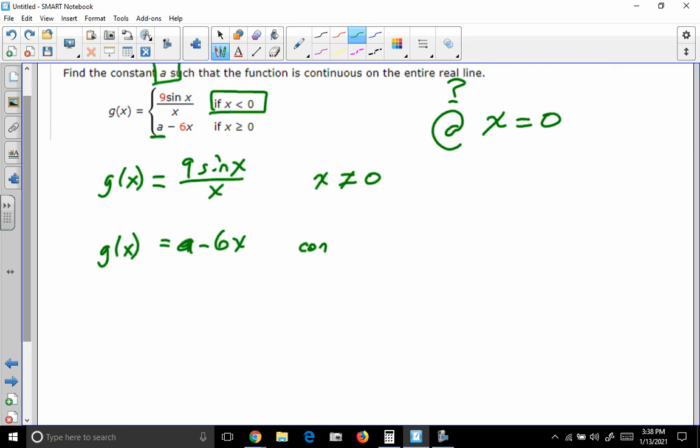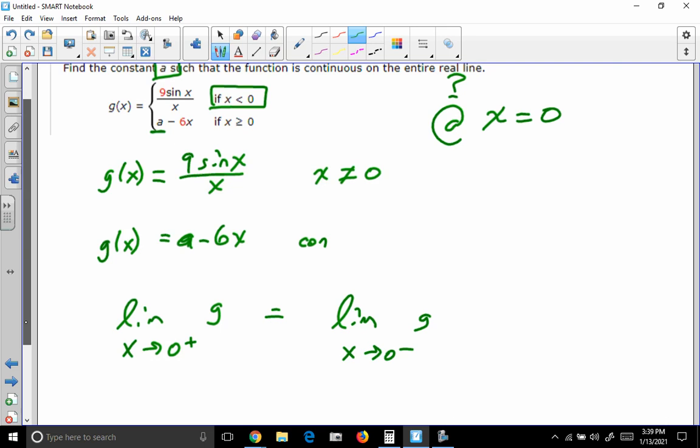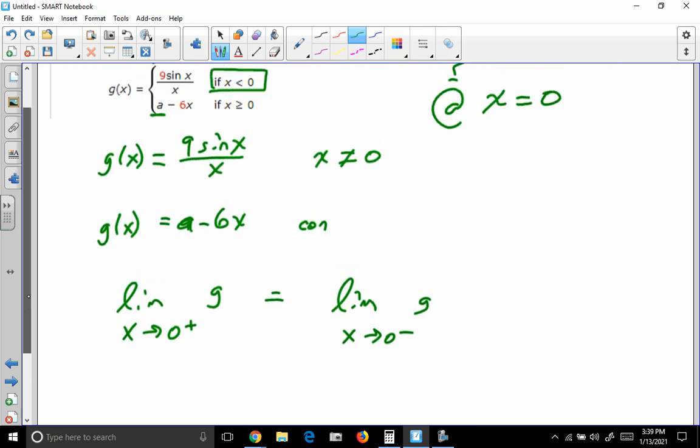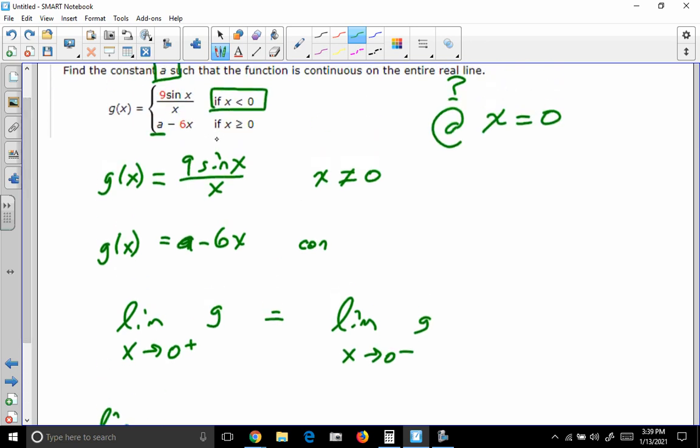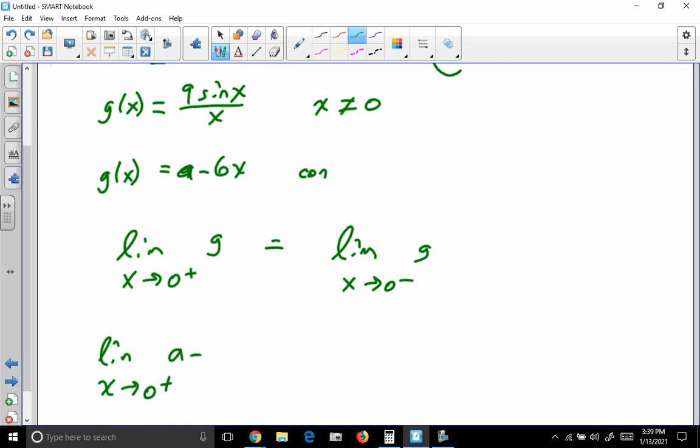So let's see what happens at 0. To be continuous, the limit as x approaches 0 from the right of our function, and the limit as x approaches 0 from the left, those would have to be equal. So what does A need to be? We take the limit, x to 0 from the right. Well, if we're to the right of 0, we're using the formula A minus 6x.